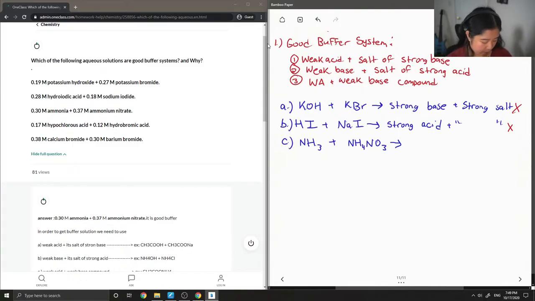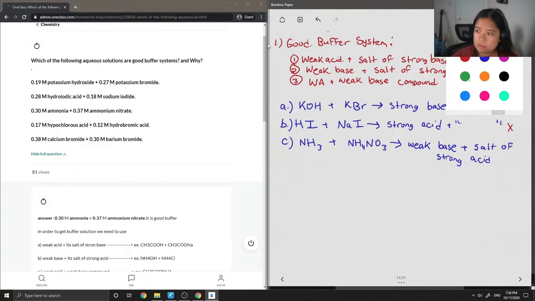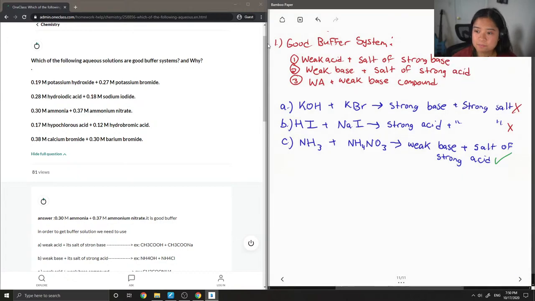The ammonia is an example of a weak base, and the ammonium nitrate is an example of how you'd get a salt of a strong acid, which is the NO3. Therefore this one would be considered a good buffer system.